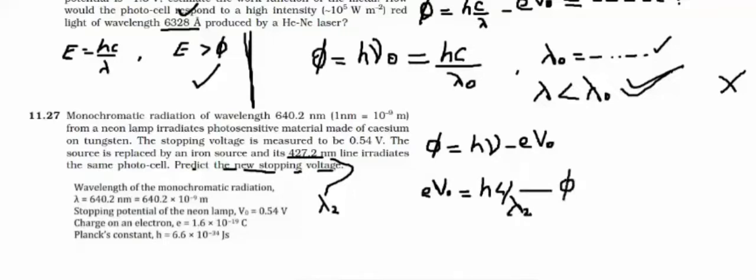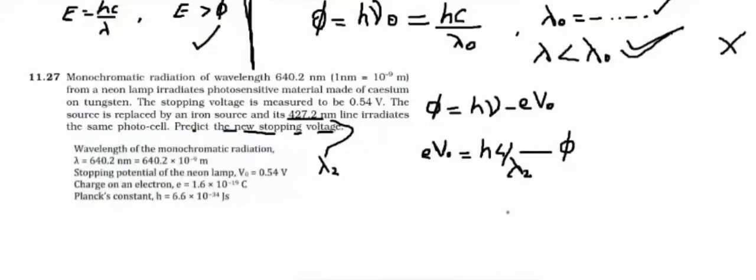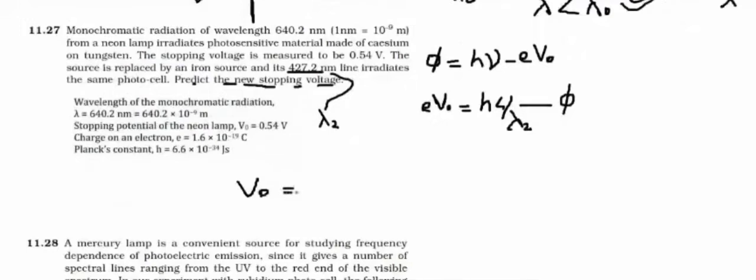Phi will be the same because we have the same metal. Now cross multiply the equation and find the value of V naught. V naught is equal to hc divided by lambda 2 e, minus phi by e. So that you will get the value of V naught.